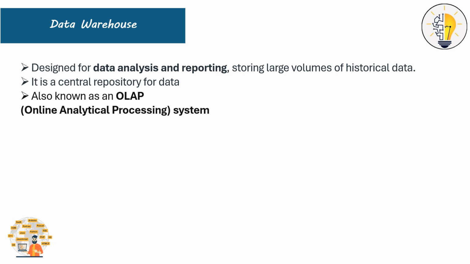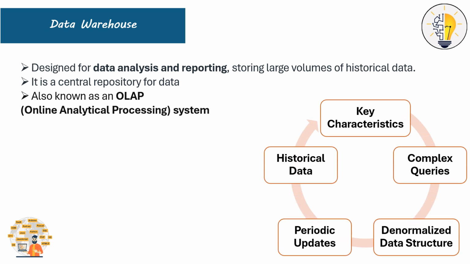So it is used for decision making and analysis activity. So it is going to consolidate the data from multiple operational systems and provides a unique view for the organization data. There are some characteristics for data warehouse, that is nothing but historical data, complex queries, denormalized data structure and periodic updates.